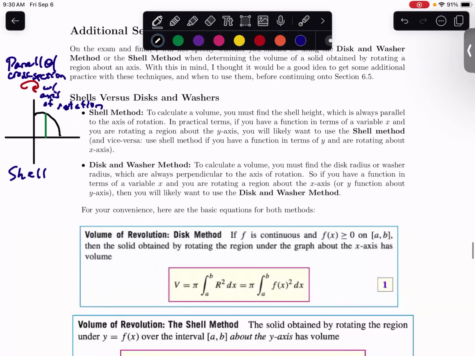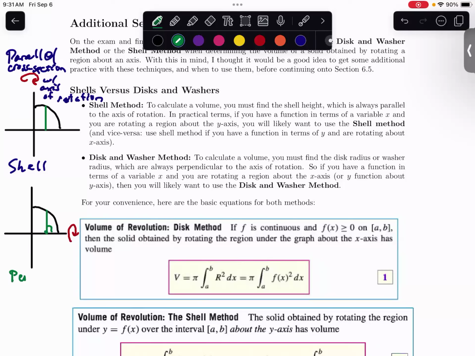If we instead are doing a horizontal axis of rotation, it looks something like this. Thinking about the exact same curve and the exact same cross section, except now we're rotating it about a horizontal axis. You can see that the cross section and the axis of rotation are perpendicular to one another now.